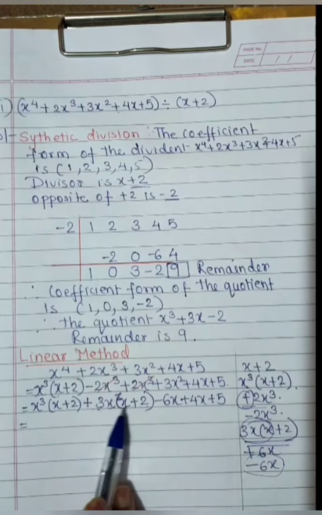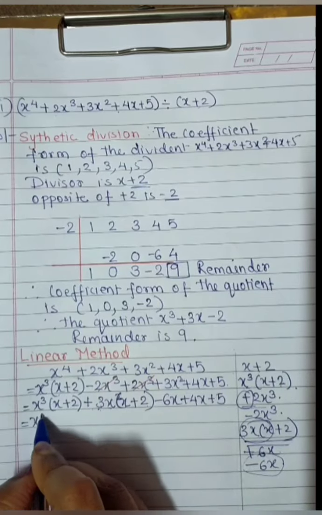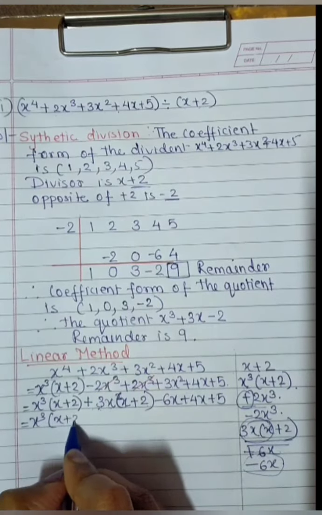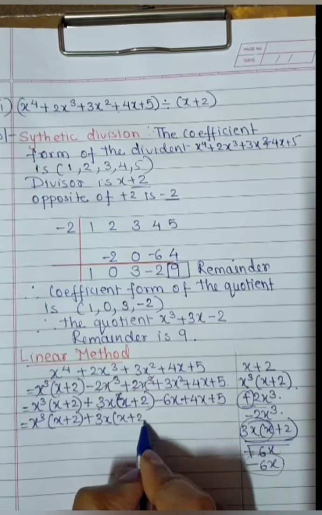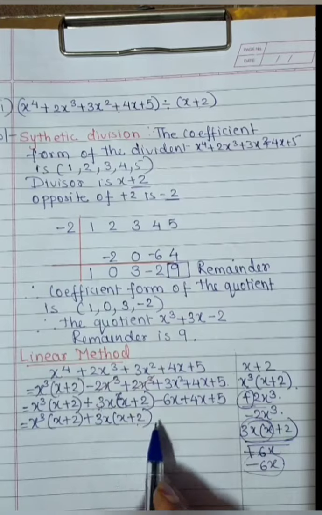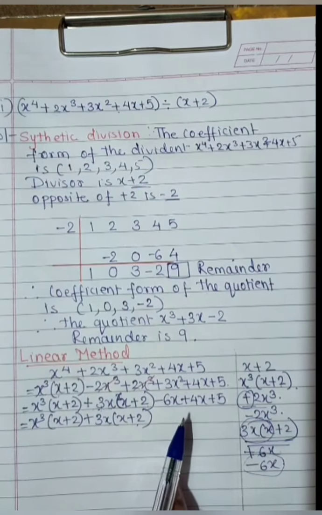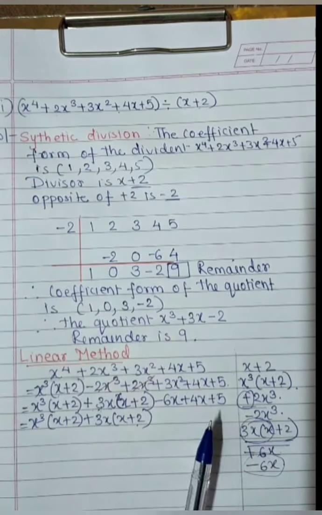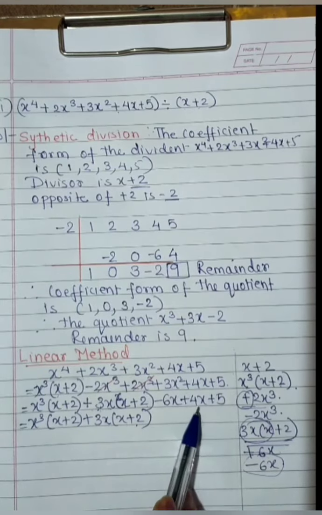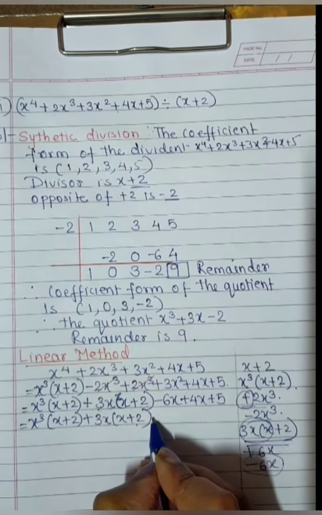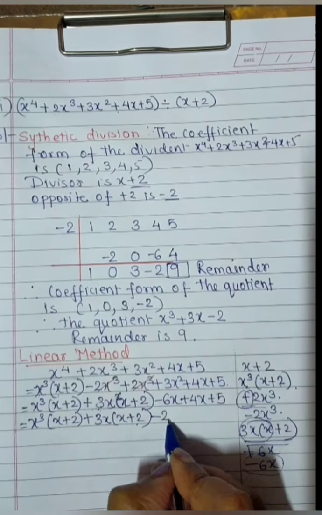Now the next step is this whole thing will come as it is, so I am writing the whole equation as it is up to here. Now here you can see what is given. We have to subtract both, then we will get minus 2.